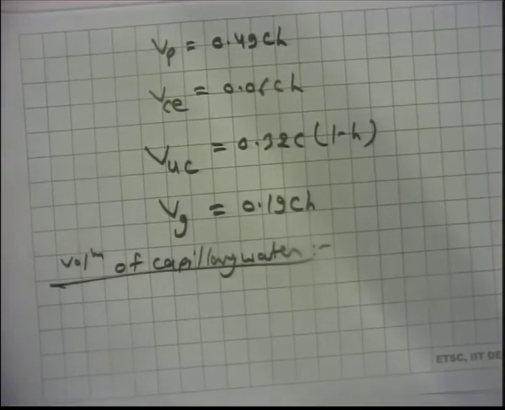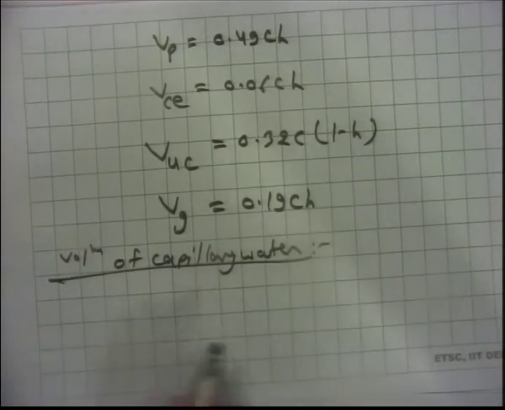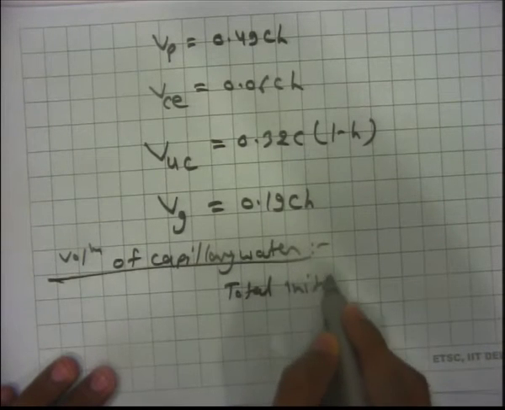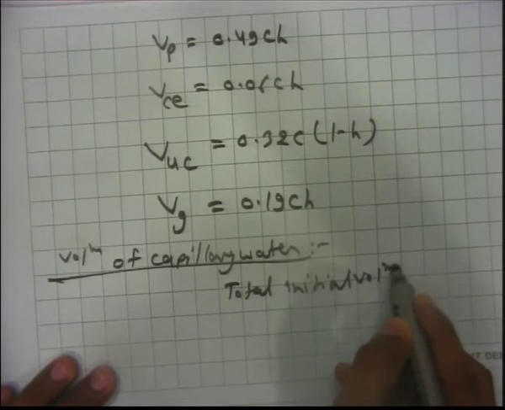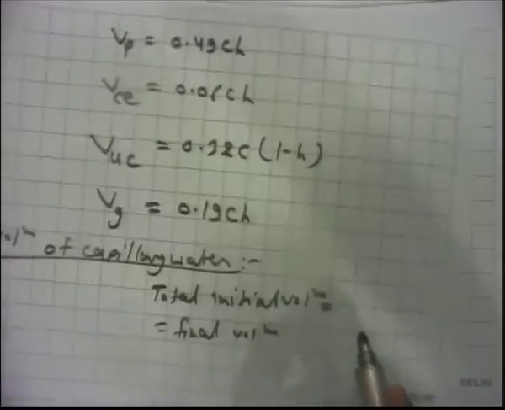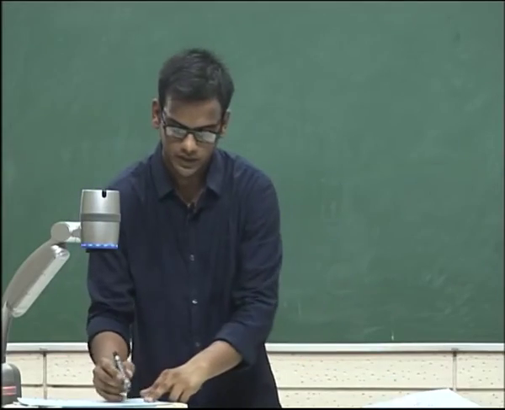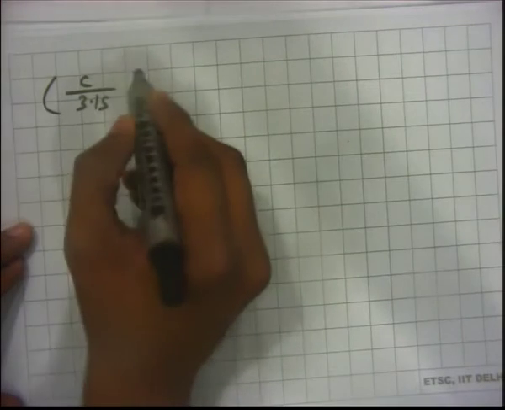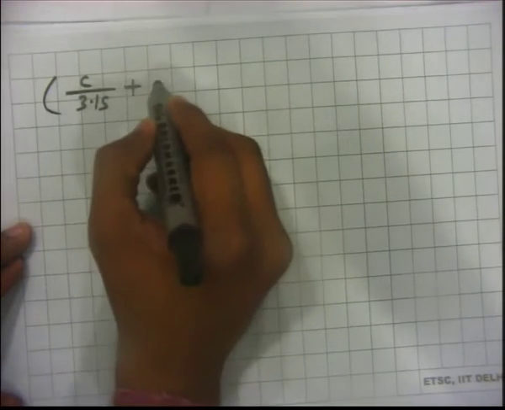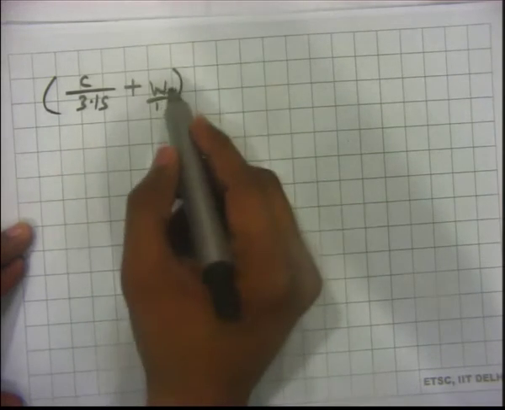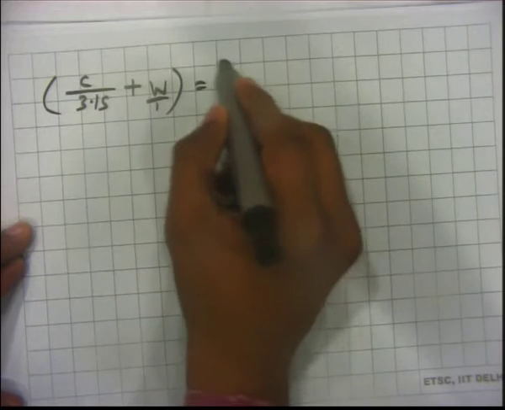This can be calculated by volume conservation. Total initial volume is equal to final volume. The initial volume we know: C grams of cement, so C divided by 3.15 is the volume of cement, plus W with specific gravity 1, the volume of water, equal to the final products.